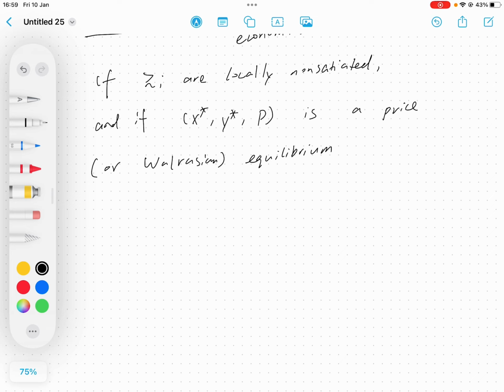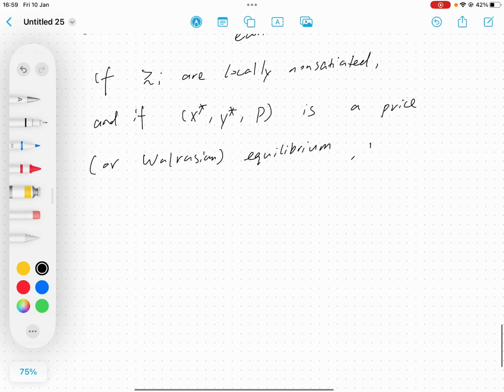We didn't mention that, but we consider this as the Walrasian equilibrium because that's a special case. If the general case is true, this special case must be true. You can refer to the textbook reading for the money transfers.